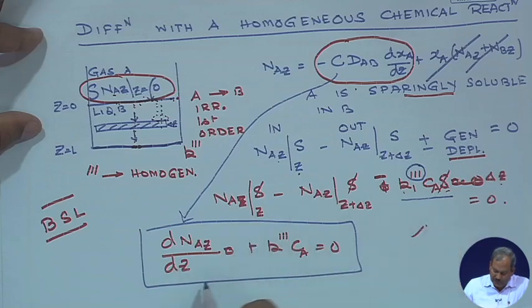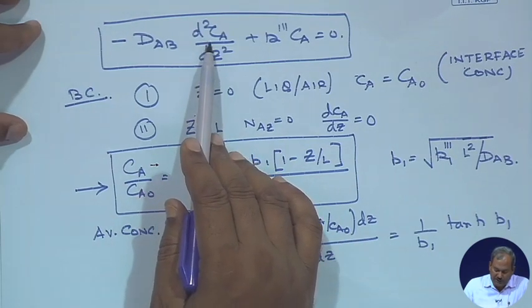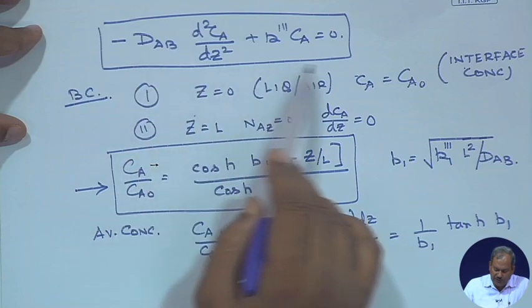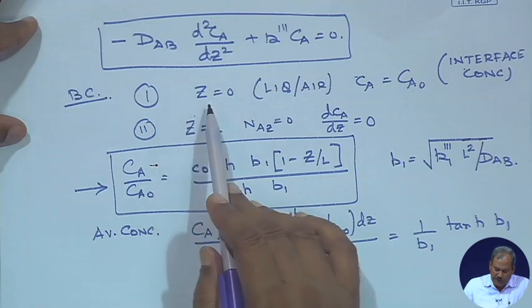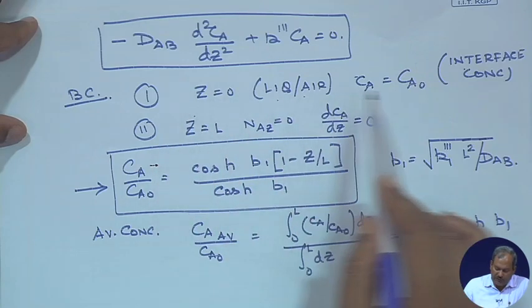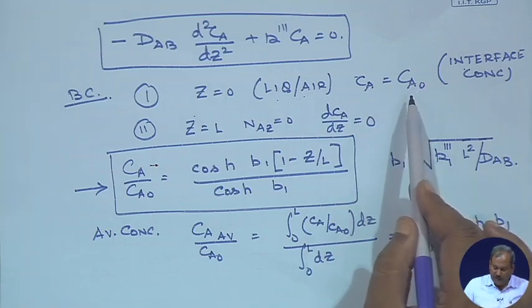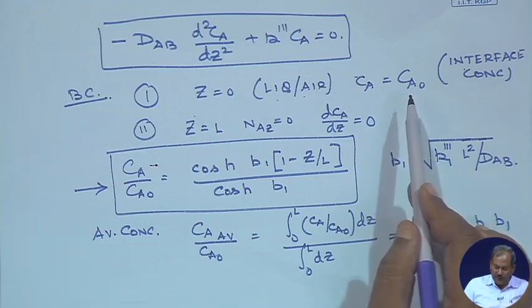So, dividing both sides by delta Z, we got this as the governing differential equation, after putting in the expression of N A Z using Fick's law and assuming that it is a one dimensional diffusion only case where A diffuses in the Z direction. This was the form of the equation, and the two boundary conditions that we used were, at Z equals 0, that means at the liquid air interface, the concentration of A is maintained at C A 0, which could be the interface solubility, the solubility of A in the liquid.